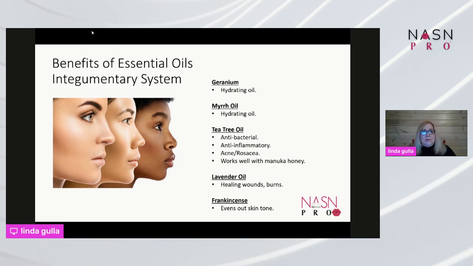But in this case, lavender oil can help heal wounds and burns. So when you're doing a chemical peel, you could put on lavender oil right afterwards or retail it, because it's going to help the skin heal. And you're going to get much better results when you're using things to help the skin heal after cosmetic procedures.